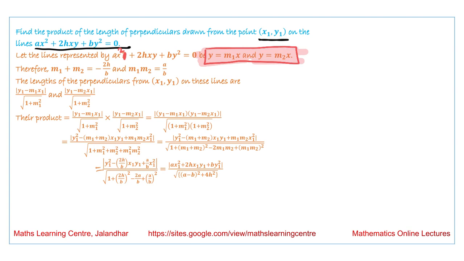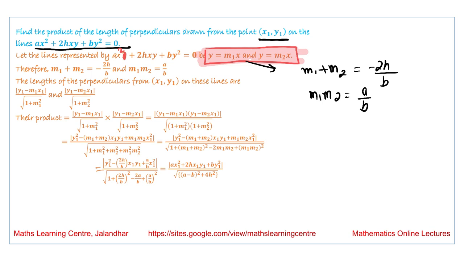These are the two different equations. So from this condition we have m1 plus m2 is equal to minus 2h by b, and m1 into m2 is equal to a by b.